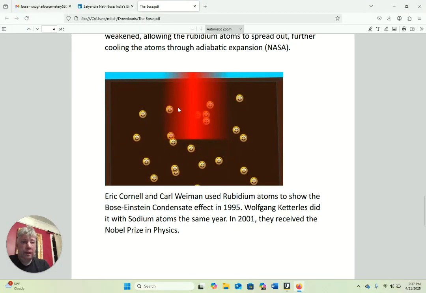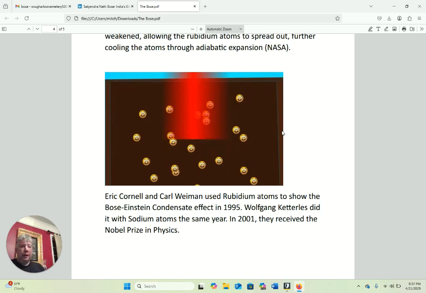This is a picture I took off one of the videos, an animated view of the laser light coming in. Basically it's the photons causing collisions with these atoms, pushing on them and slowing them down.